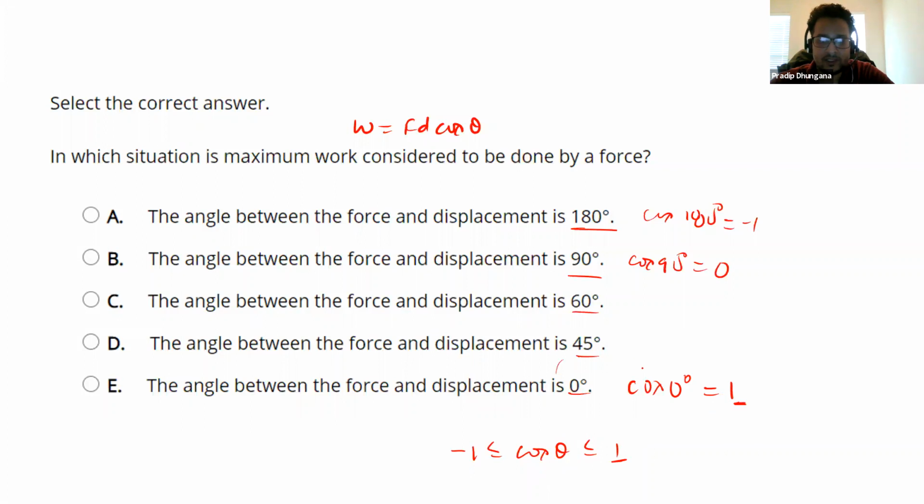And here we can see that cosine 0 degrees is 1. So that means if the angle between force and displacement is 0 degrees, there is maximum work considered to be done by the force. The correct choice is E.